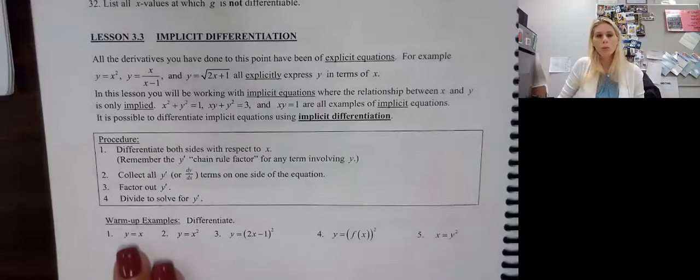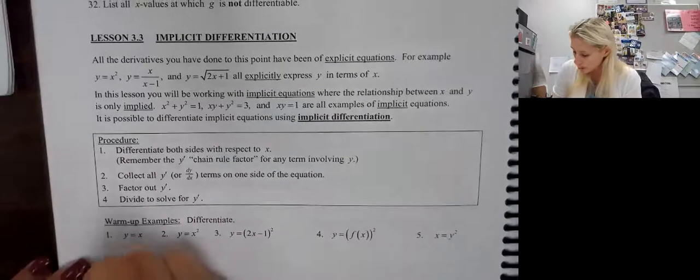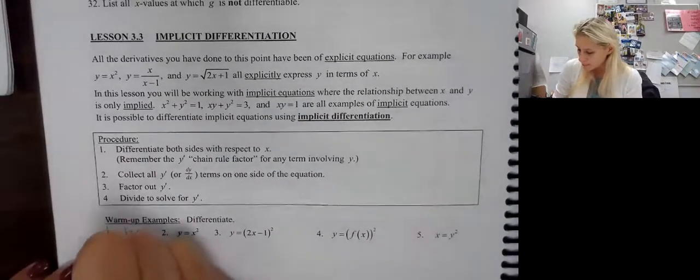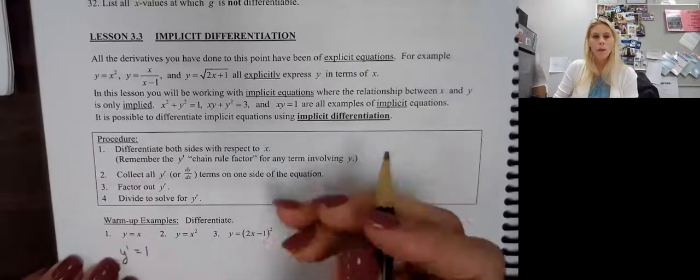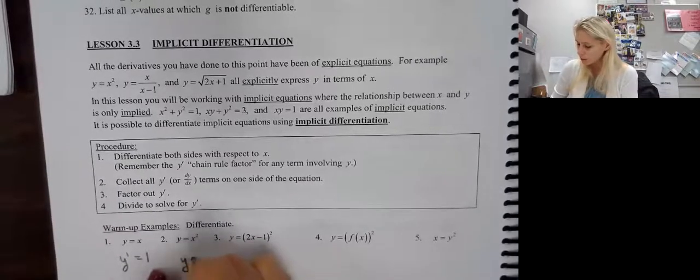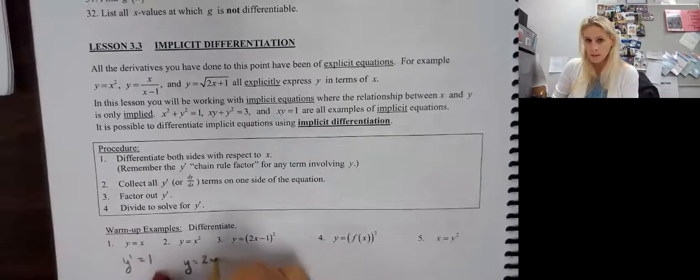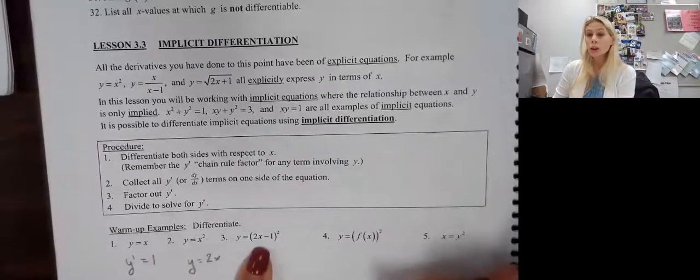So, number one here, we're just going to do some basic rules. So that would be y prime equals 1. Again, the derivative of y is y prime. For number 2, we get y prime equals 2x. Number 3, don't forget, this is what rule? It is the chain rule.